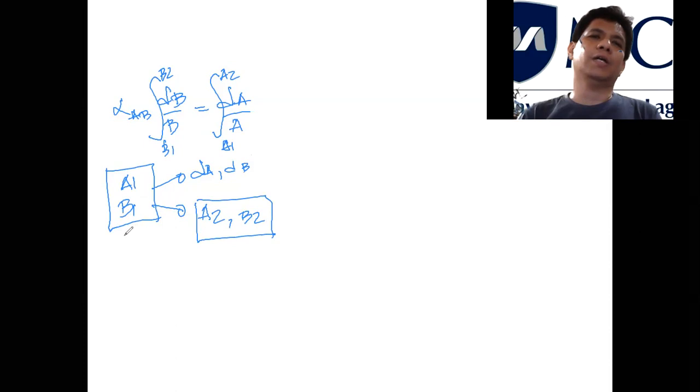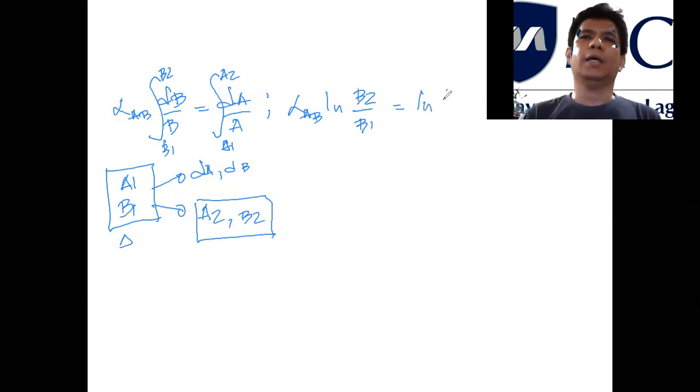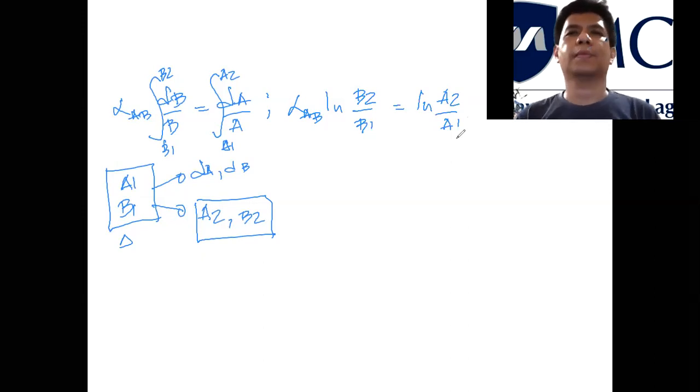So nag-apply tayo dito ng heat para merong mag-evaporate and then you have A1, B1, A2. Okay? So pag in-integrate nyo itong equation na to, you will have alpha AB would be equal to ln B2 over B1, tapos ln A2 over A1. Tama?